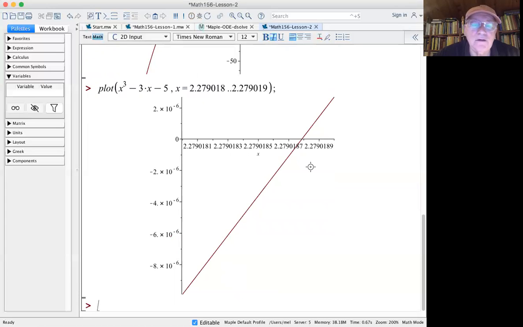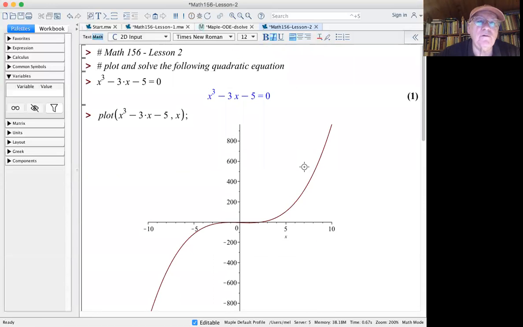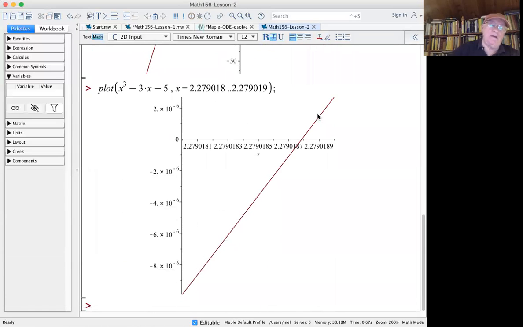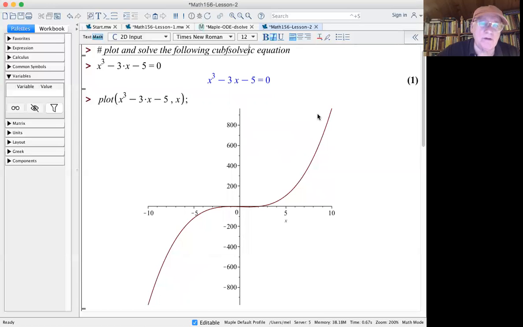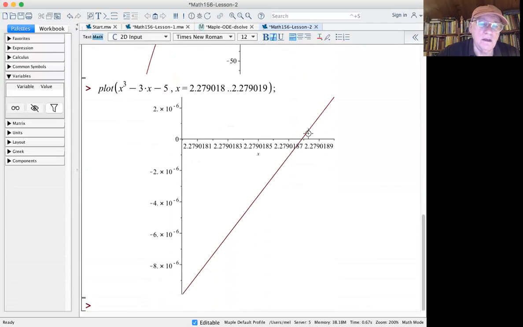Wow. So just by blowing up, we have the solution of this cubic curve. Oops, I called this a quadratic, it's actually a cubic. To many decimal places. Now, we can also just use the fsolve command. Fsolve means solve an equation and give me the solution as a decimal.